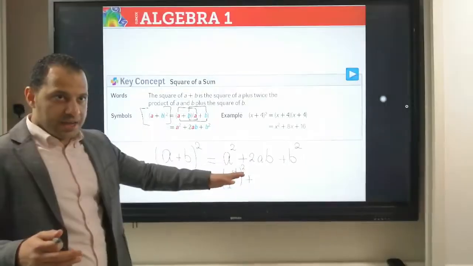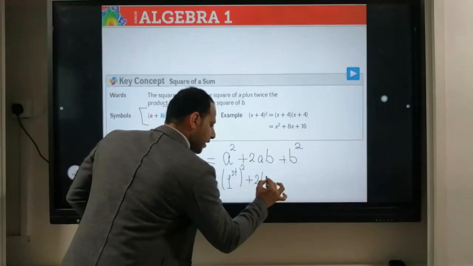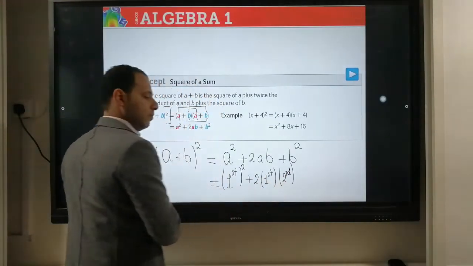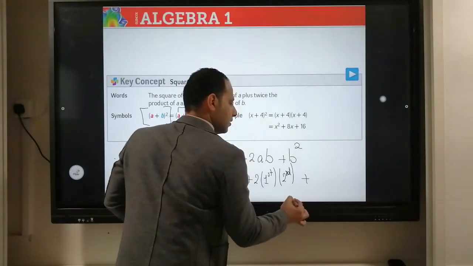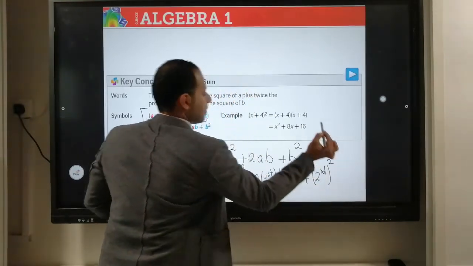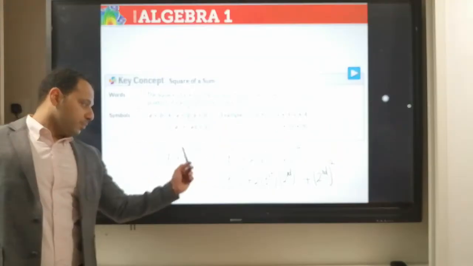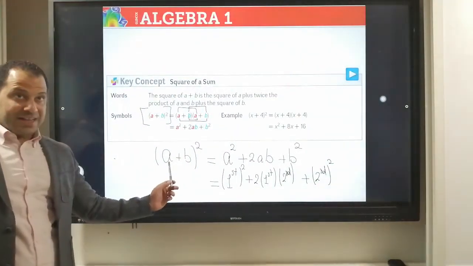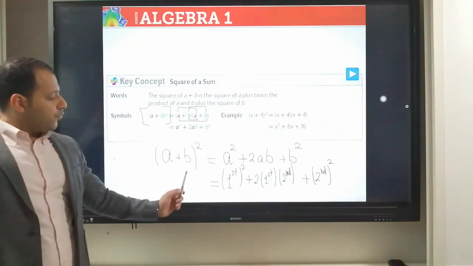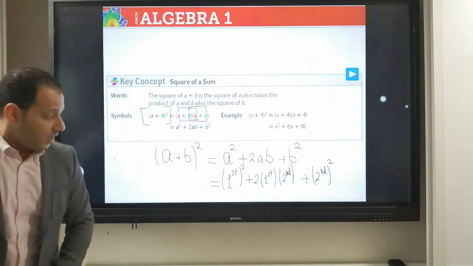But now we are talking about the sum. 2 multiplied by the first, multiplied by the second, and then plus the second square. So this is the rule. Again, if we have a bracket all with power 2, now we are talking about plus, the sum, so we take the first power 2, plus 2 times first times second, plus the second power 2 or the second square. It's a rule.